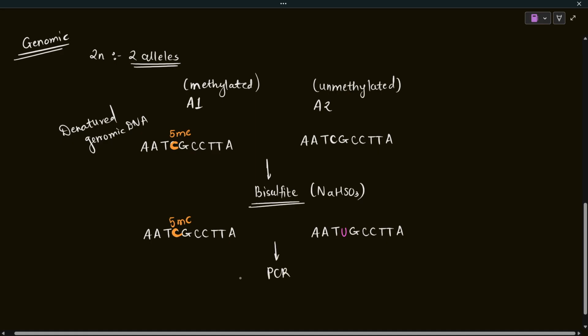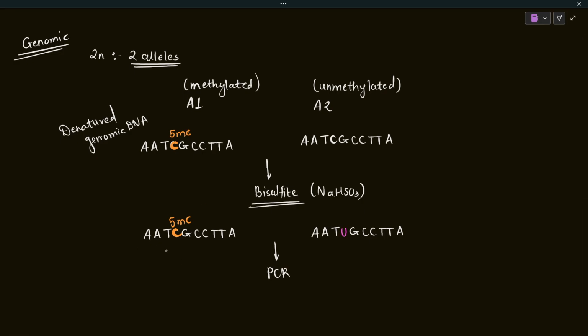For the PCR of methylated sequence, you will have to take different types of primers. See, for example, the primer is an oligonucleotide, right? So it could be 8 to 10 base pairs long, or it could be 20 base pairs long.